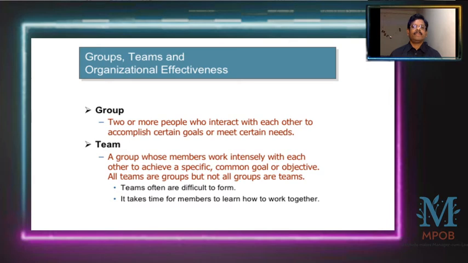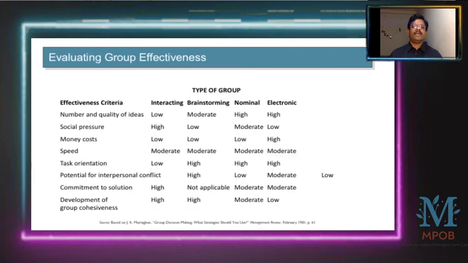If you look at evaluating group effectiveness, the types of groups are interacting, brainstorming, nominal and electronic groups. You can see the effectiveness criteria: number and quality of ideas, social pressures, money cost, speed, task orientation, potential for interpersonal conflict, commitment to solutions, and development of group cohesiveness.